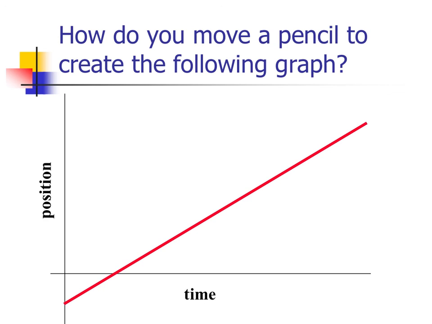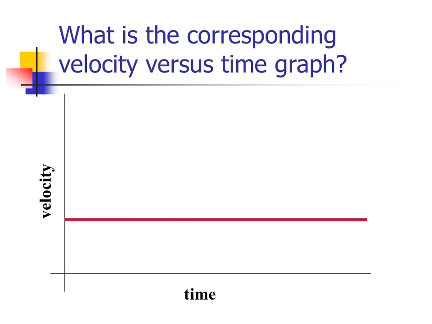So when we correspond that to the other one, it doesn't really matter where on the velocity time graph we put it. It's just that it has to be on which side? Positive side. That's it. Just has to be on the positive side.